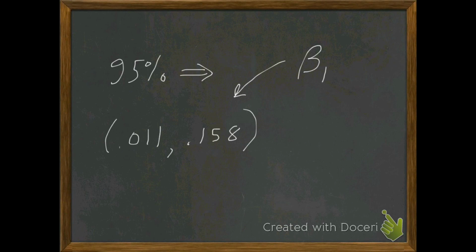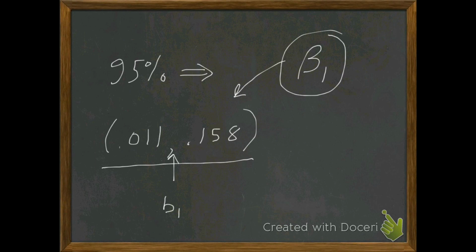So what we can say is there's a 0.95 probability this interval contains beta 1.